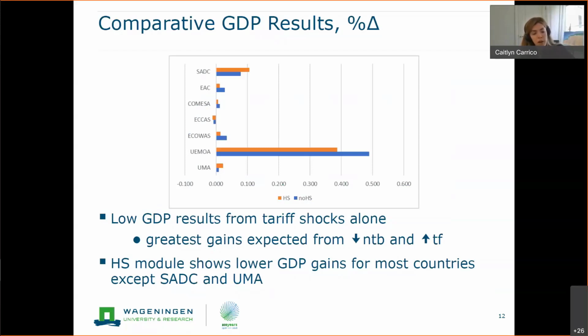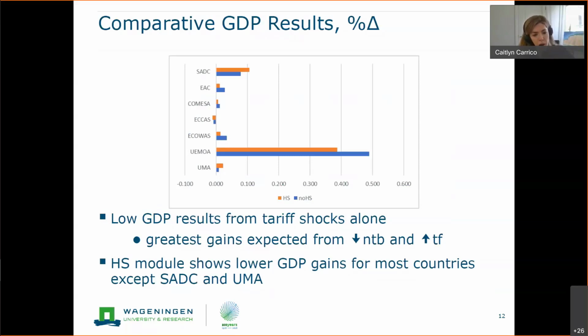We're just looking at the tariff shock. So we're just looking at the removal of tariffs. Whereas what we know, and Andrew touched upon this a bit in his prior simulation, is that some of the greatest gains in terms of GDP are expected to come from decreasing non-tariff barriers and increasing trade facilitation, which we aren't modeling here again because we want to focus on the introduction of heterogeneous tariffs.